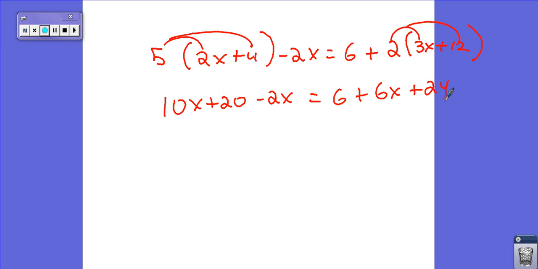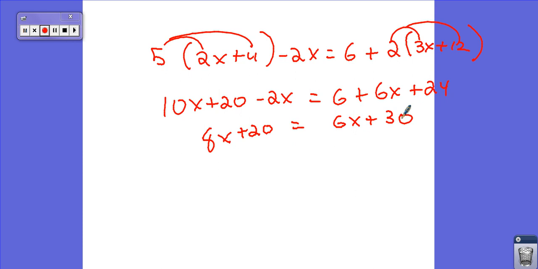I would definitely do the distributive property first. I would then combine like terms. So that's going to give me 8x plus 20 equals 6x plus 30. Second step: combine like terms. Distributive property, combine like terms.